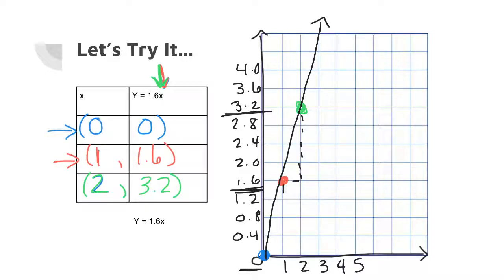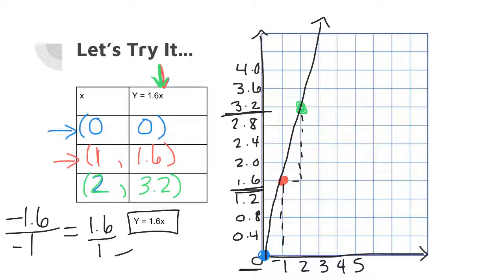So I'm going to count down another 1.6 and over 1. So I went down 1.6. That's my change in y. I went to the left 1. That's my change in x. Because I have a negative on top and bottom, they cancel each other. Let's look at this equation. Did the same thing happen?